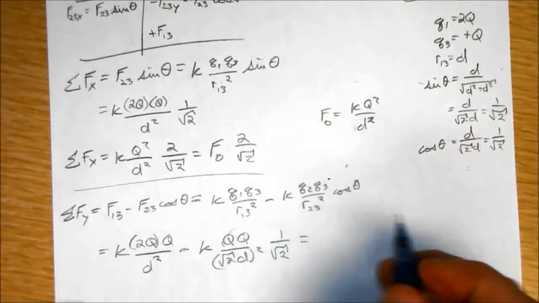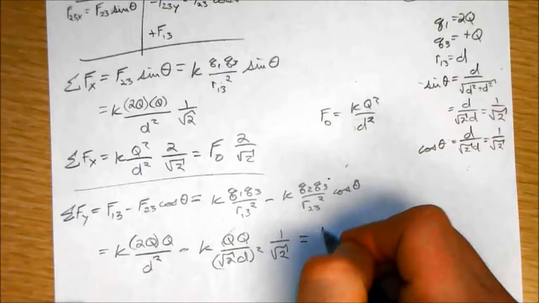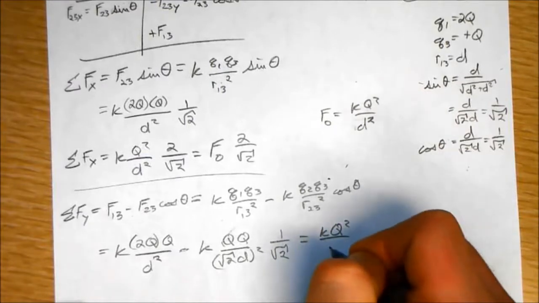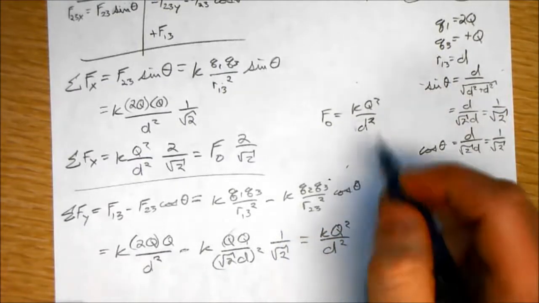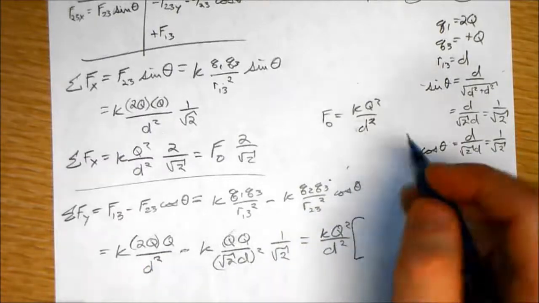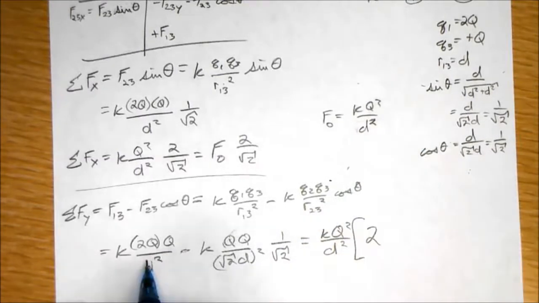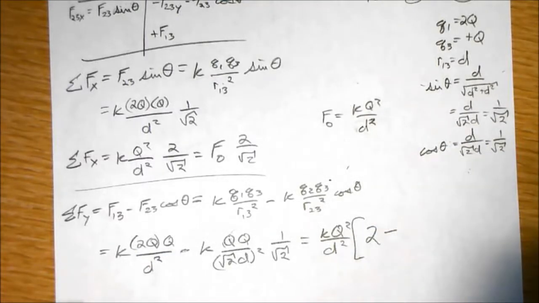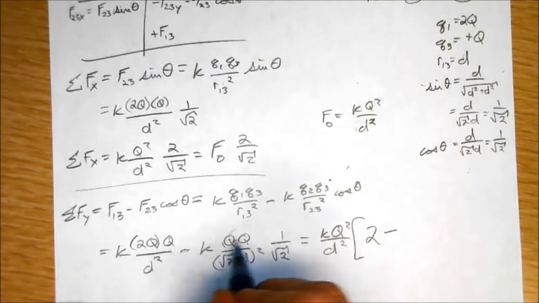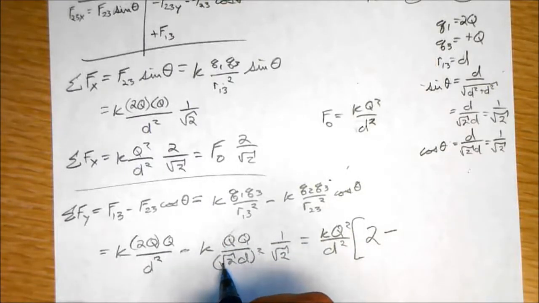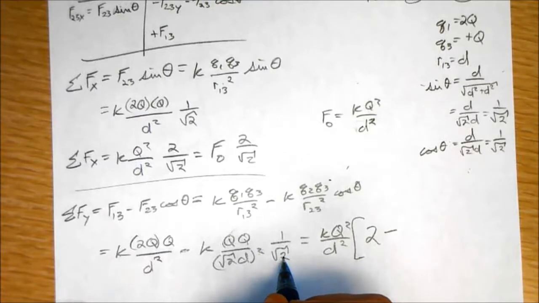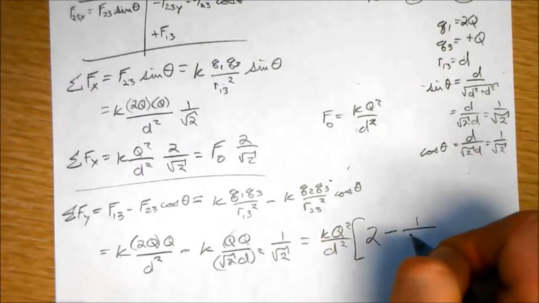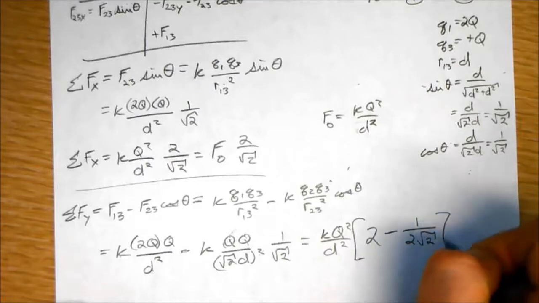So let's simplify all this. I can pull a kq squared over d squared from every term. In the first term, you're left with just 2. Minus kq squared over d squared, but then I have the square root of 2, which I then square, and I also have this 1 over root 2 again, so that's 1 over 2 square root of 2.